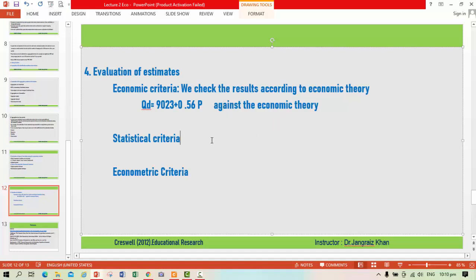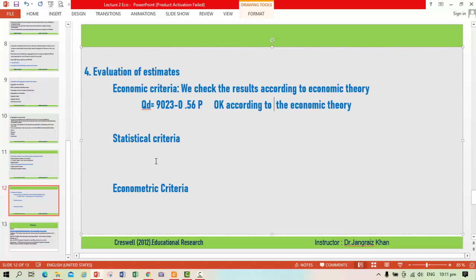In the statistical criteria, suppose you got a result which shows that the price and quantity demanded are inversely related. If the price rises, the quantity demanded falls, and if the price falls, the demand increases. Meaning a negative relationship between price and demand, it is okay according to economic theory.